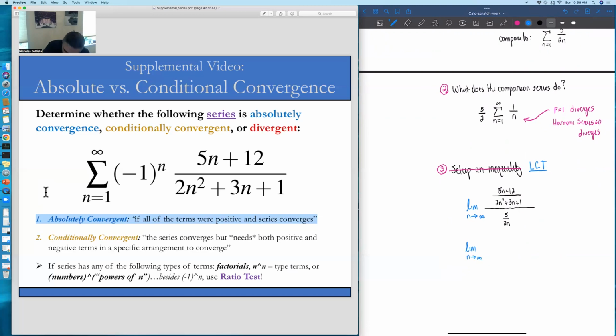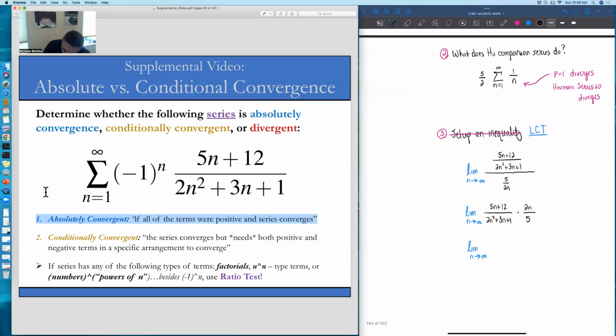So we have the following. We have the 5n plus 12 all over the 2n squared plus 3n plus 1 times the reciprocal of that denominator, which is 2n all over 5. So we have to take this limit now for limit comparison. So let's just do a little bit of this distribution. Again, we're multiplying that 2n over 5 into the term on the left.